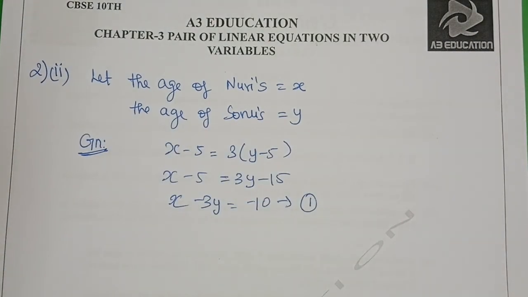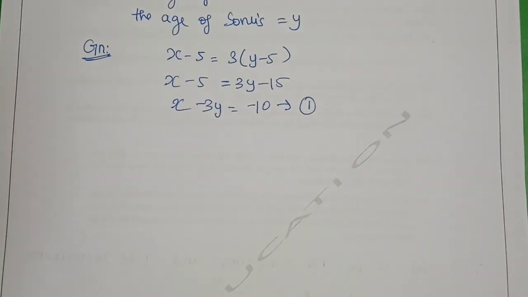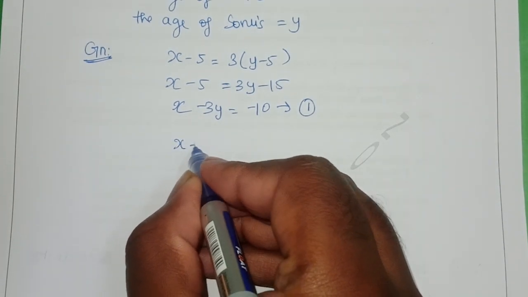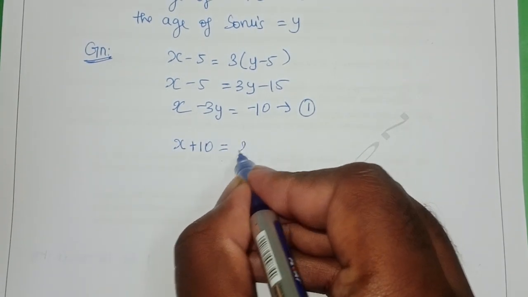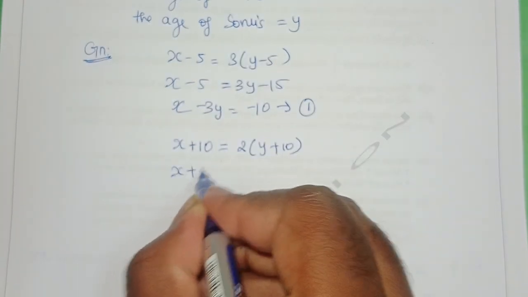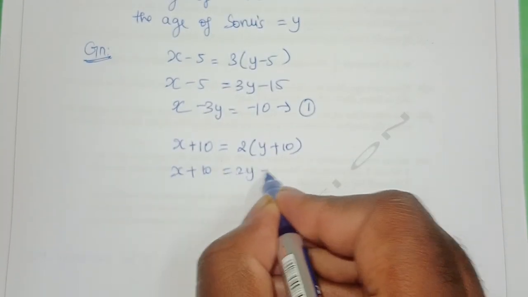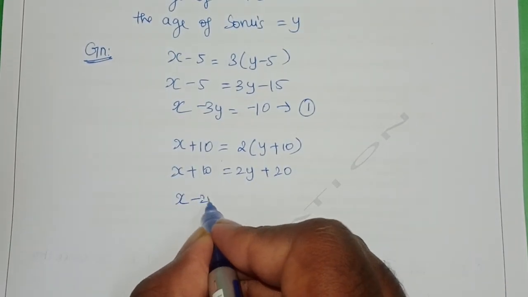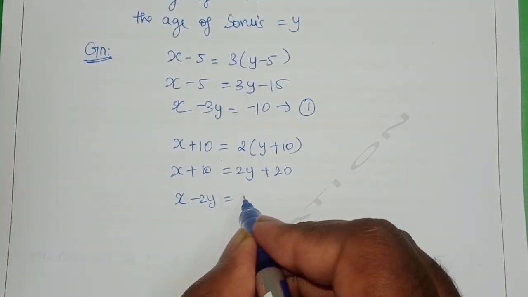Next, 10 years later. 10 years later means from now, therefore it becomes plus. x plus 10 is equal to twice y plus 10, which is x plus 10 is equal to 2y plus 20. Therefore, x minus 2y equal to 20 minus 10, 10.